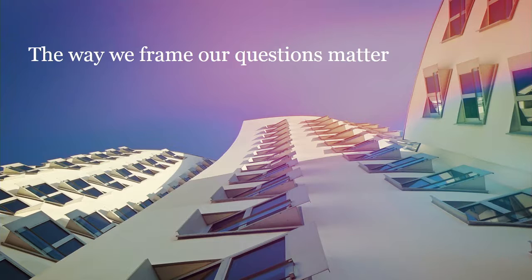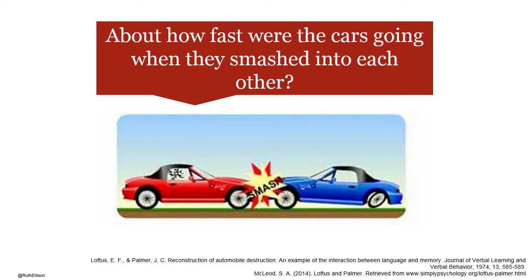So what does this mean? It means that the way we frame our questions in research really matters, and it can influence the way people respond. In a study done by Loftus and Palmer back in 1974, they presented a bunch of motor vehicle accidents to the participants and asked them to estimate how fast the cars were going when they smashed together.